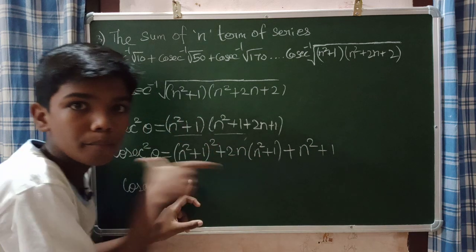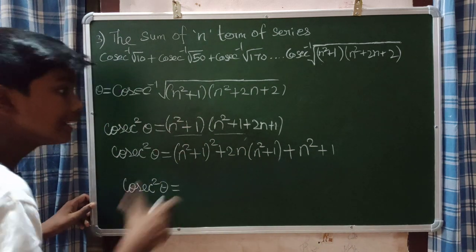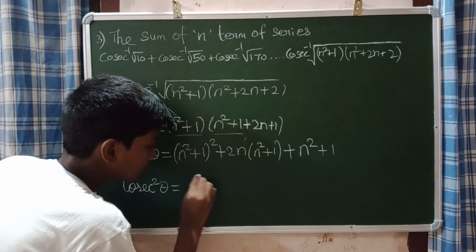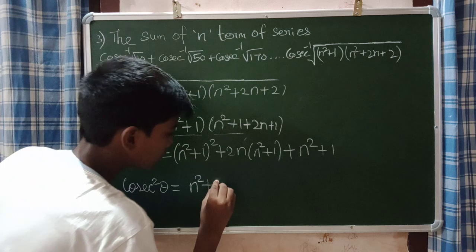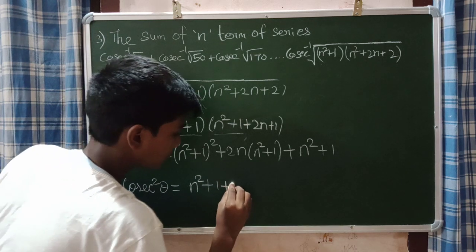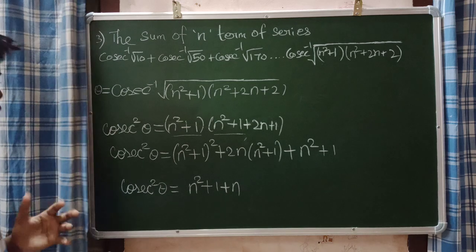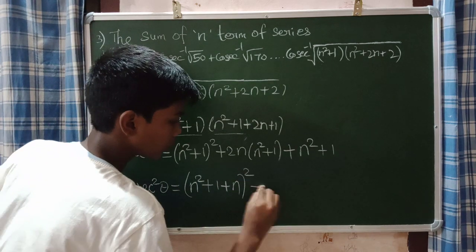Does it look like a form? Yes. So I can write it as a plus b whole square, which is n square plus 1 plus n whole square, then plus 1.